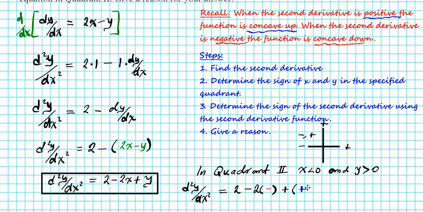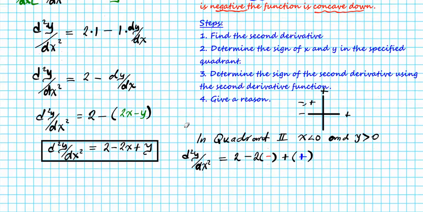Remember, all we care about is the sign of the second derivative. We don't care about the numerical value, okay? Is it positive or negative? That's what tells us the concavity. So the question is, what is the sign of this result, okay? So this is how we're going to do it. 2 is always positive, so we have a positive number.